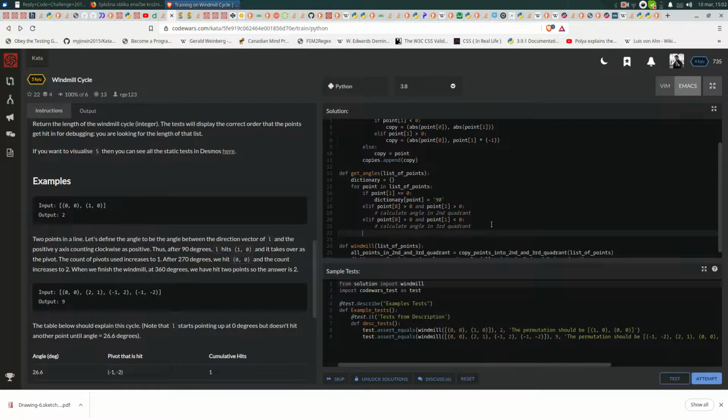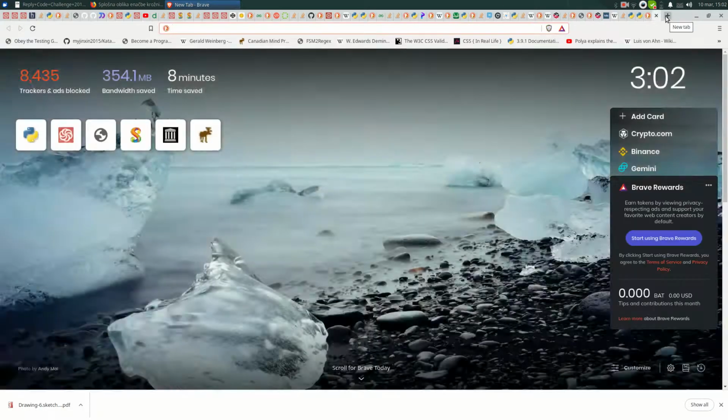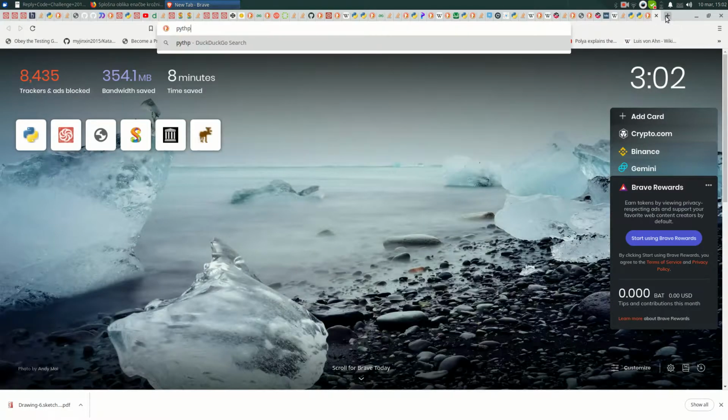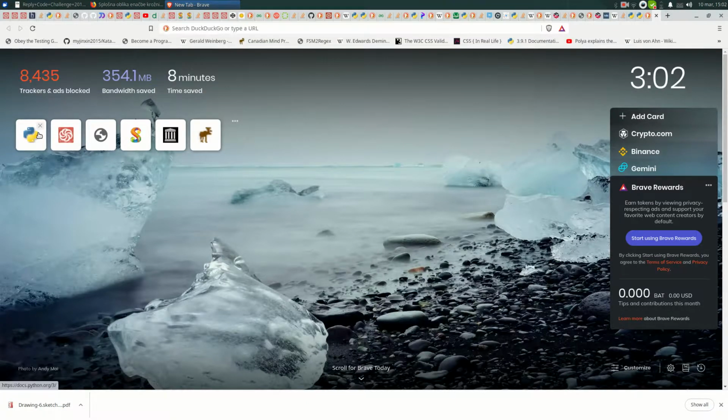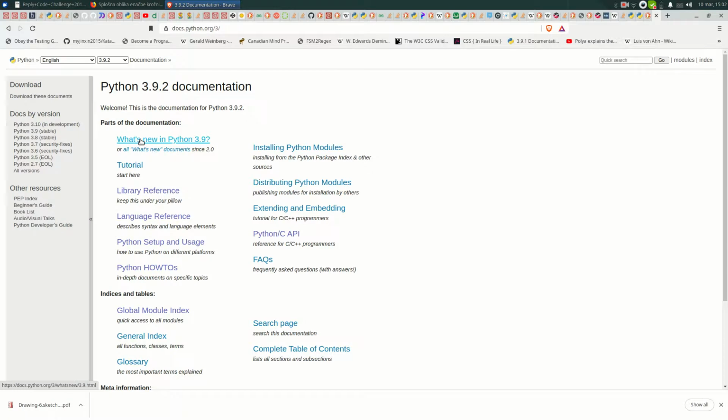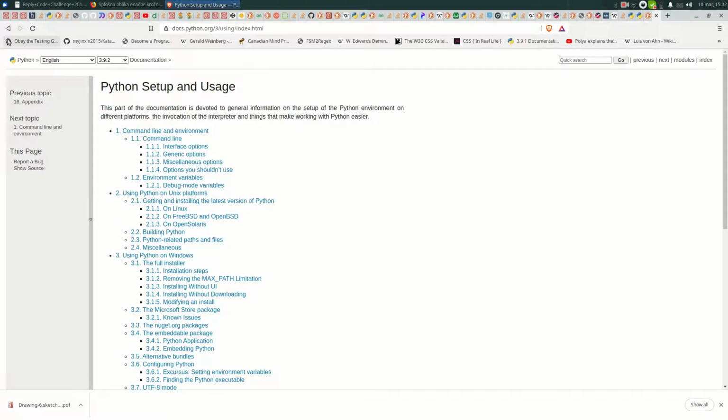And else we just want to raise. How do we... I'm not really familiar with this keyword in Python. Let's just go over here.